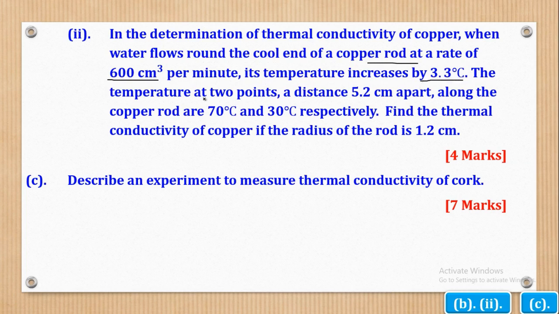The temperatures at 2 points, a distance of 5.2 centimeters apart along the copper rod, are 70 degrees Celsius and 30 degrees Celsius respectively. Find the thermal conductivity of copper if the radius of the rod is 1.2 centimeters.